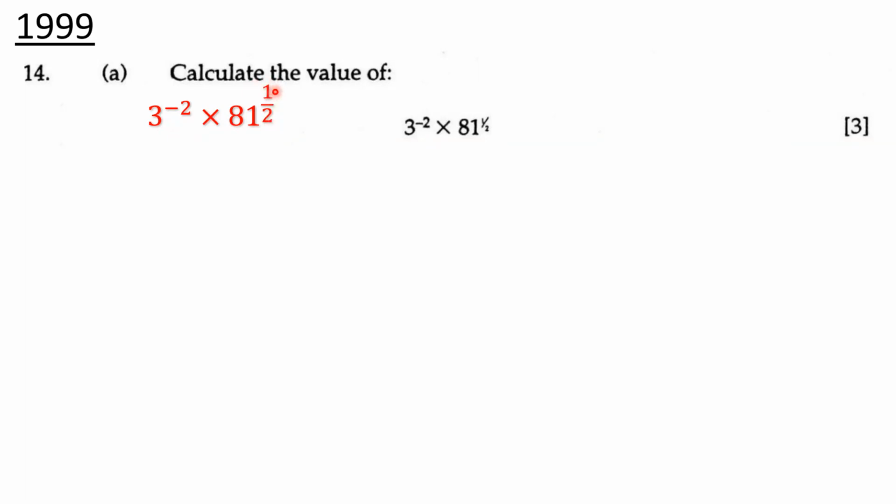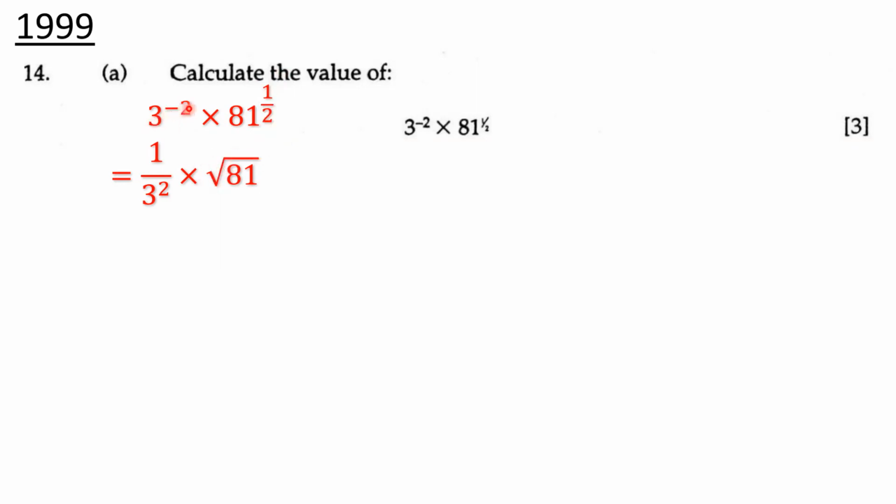Like we said, fraction exponents can be written as roots. If the top number is 1 and the bottom number is 2, then that'll be the square root. If it was 3, it's going to be the cube root. If it was 4, it's going to be the fourth root. So let's remember that. 81 to the power of 1 over 2 is the square root of 81.